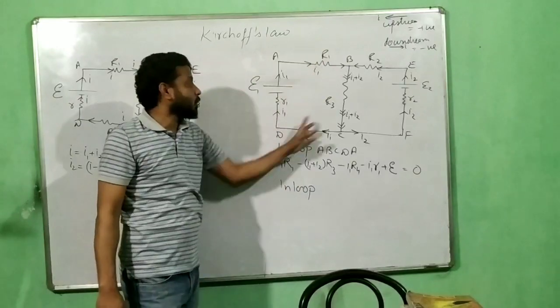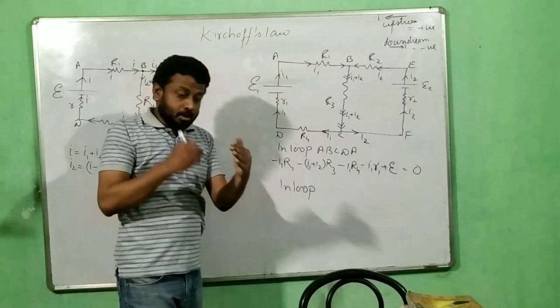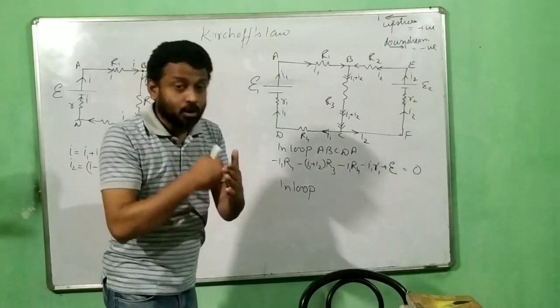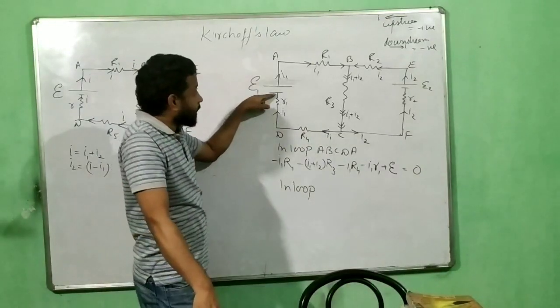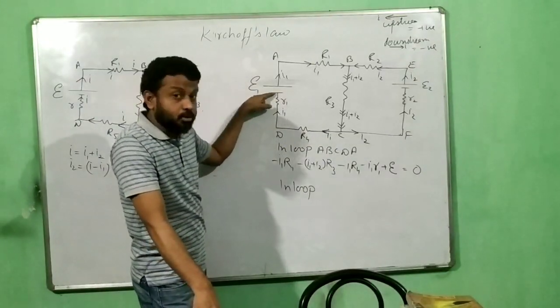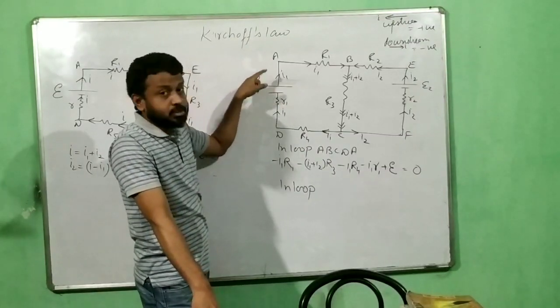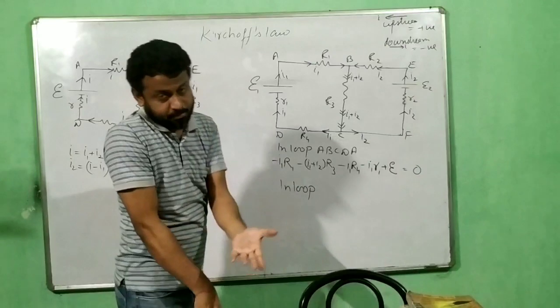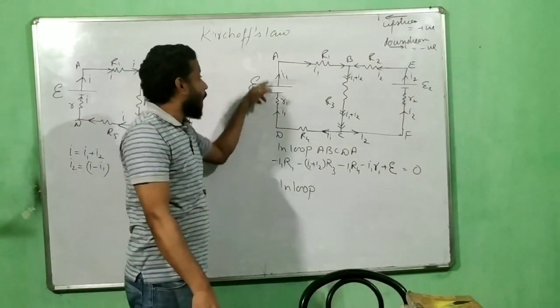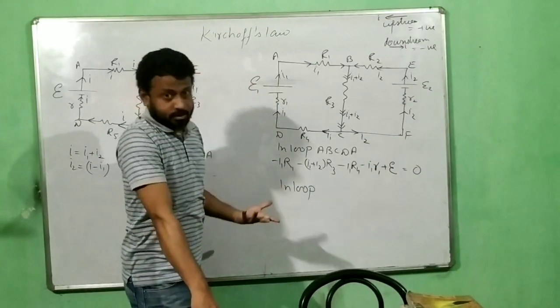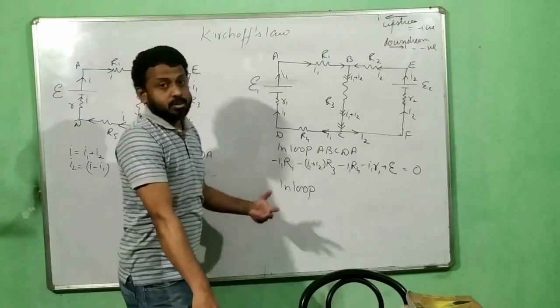So it does not matter how you are moving with respect to current, but whenever you encounter a cell or a battery, and you encounter negative first, that means low potential, and you are going from low to high potential. So you are going upstream. When you go upstream, you are doing work, so it will be positive.